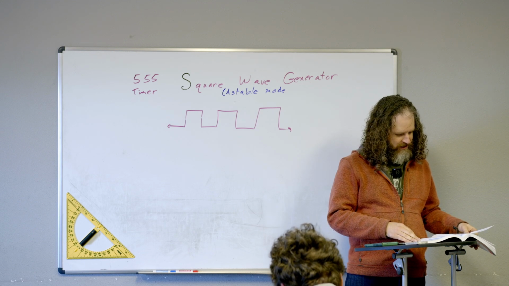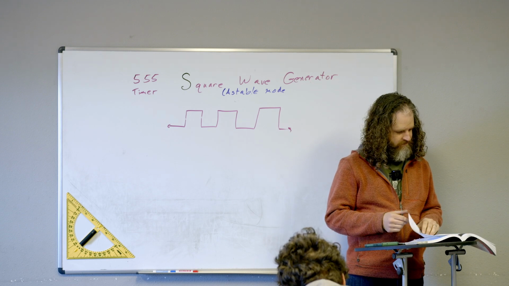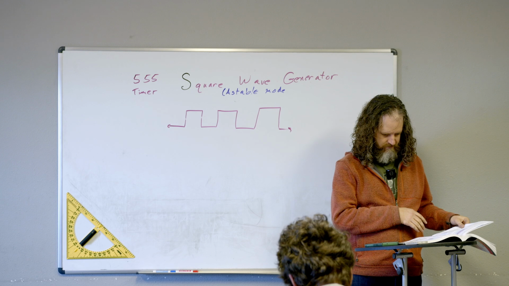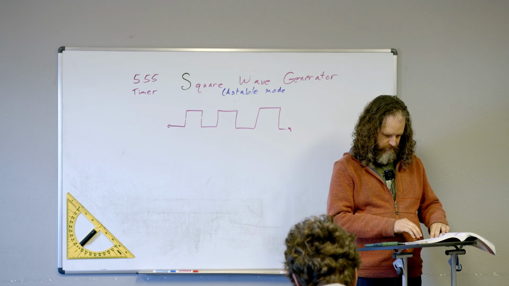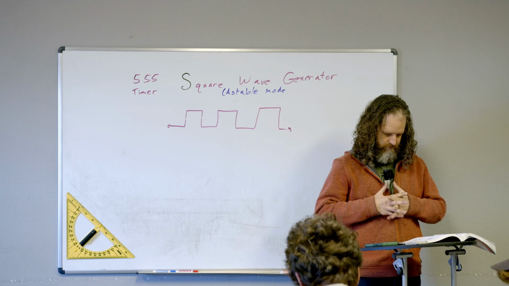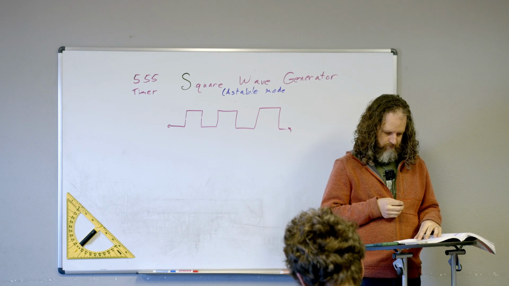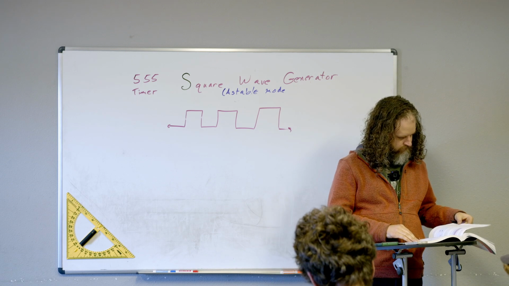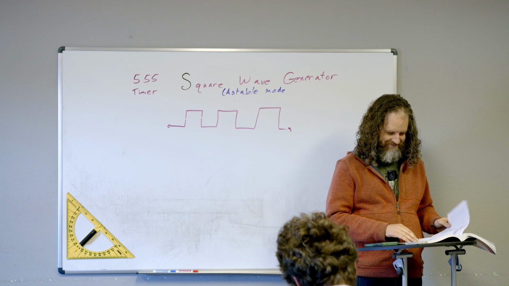Astable mode is a really simple mode. Let's see if this one or this one. I think it's this one. This one. Pretty sure. Almost. I don't know. I'm just pretty sure it is.